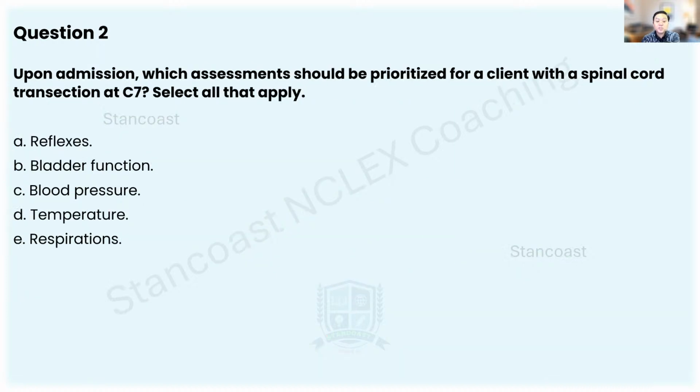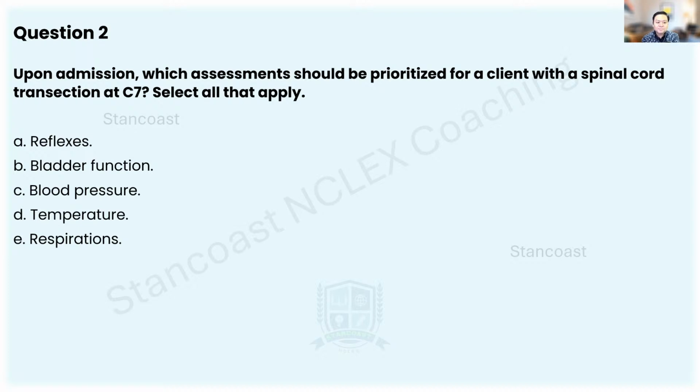Let's have number 2. Upon admission, which assessment should be prioritized for a client with a spinal cord transection at cervical 7? Select all that apply. A, reflexes; B, bladder function; C, blood pressure; D, temperature; E, respirations.